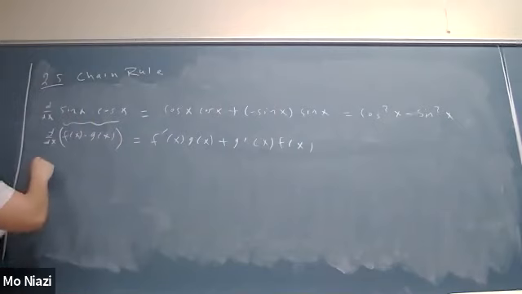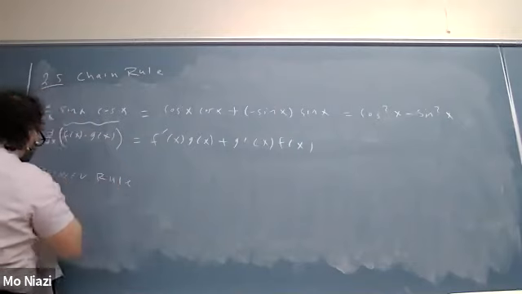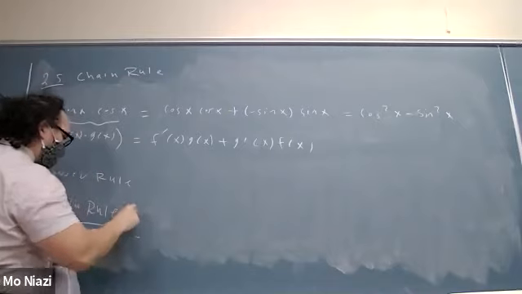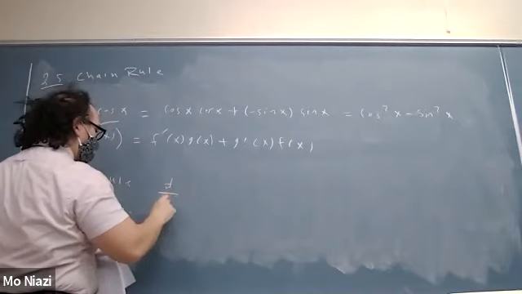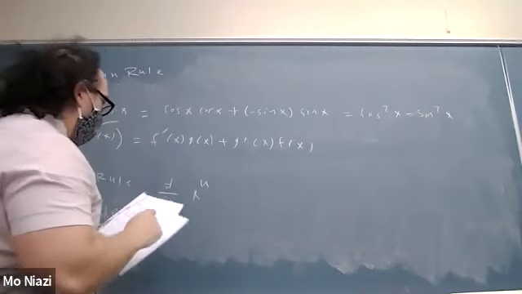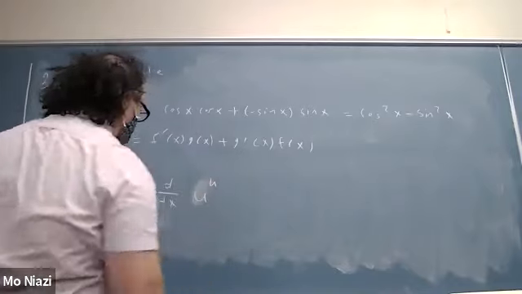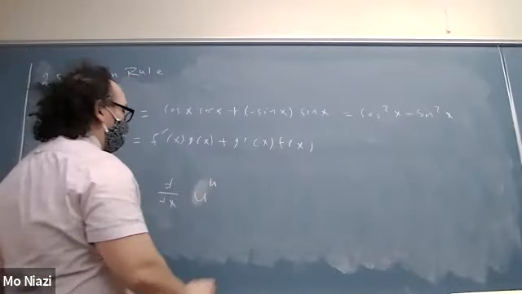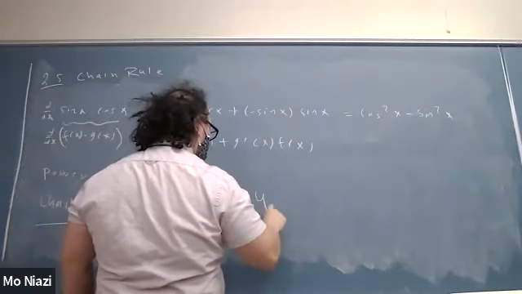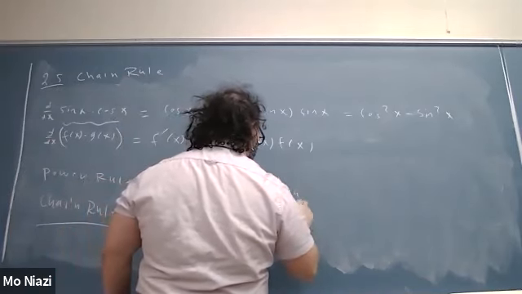So now let's talk about the power rule, chain rule. Well, it states that if you take the derivative of some u to the n, where u is a composition of two functions, then you get n u to the n minus 1 times du dx.